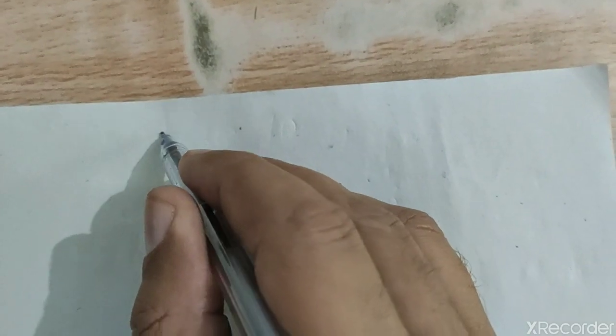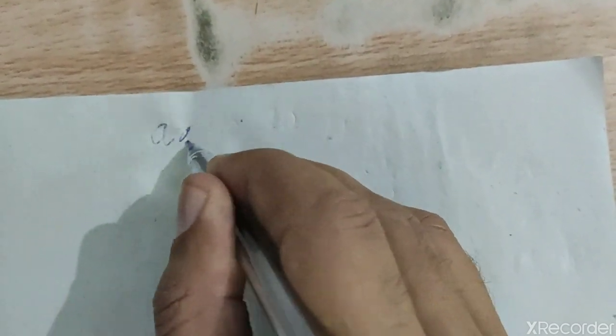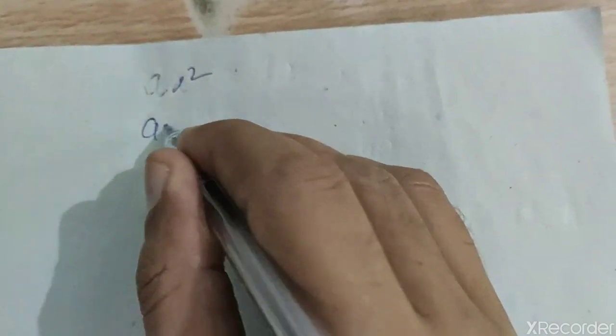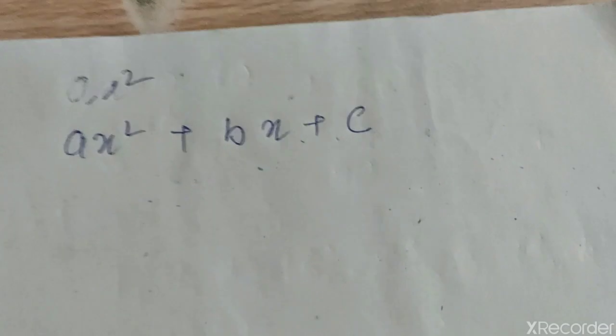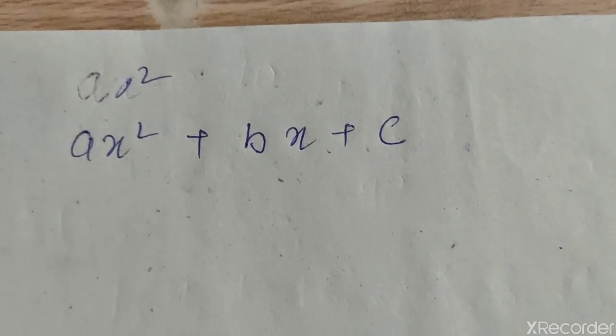Now for the next thing, we are going to study the relationship between the zeros and the coefficients. Say we have been given a quadratic polynomial ax square plus bx plus c. This is the quadratic polynomial.